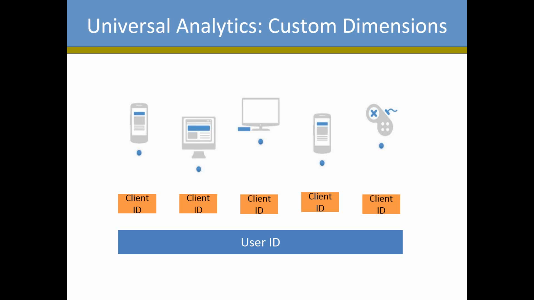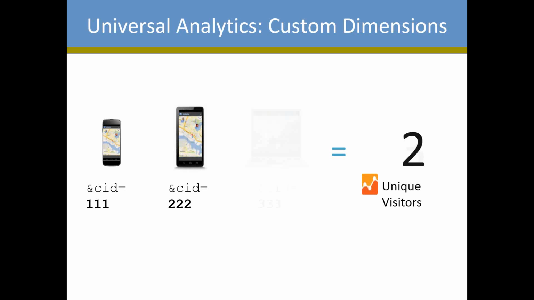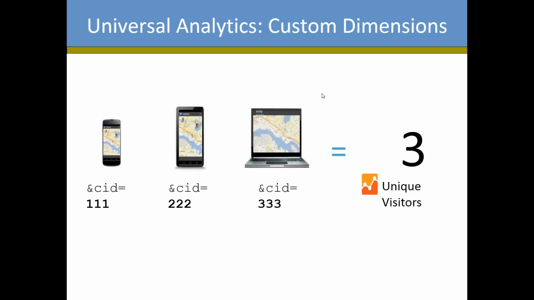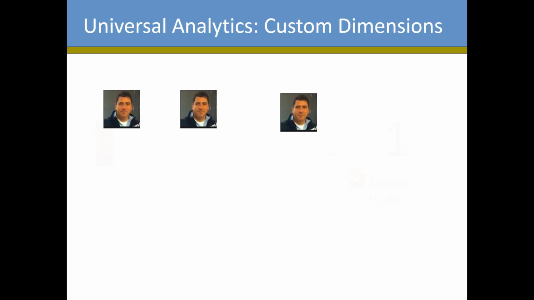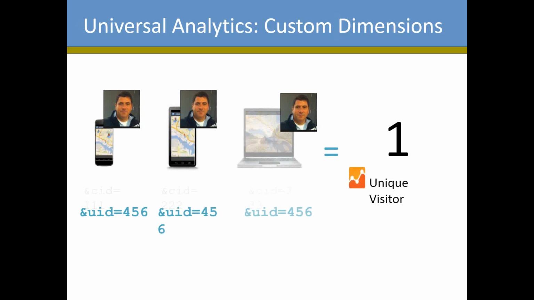So if you have a mobile website and then you have, let's say, a gaming console or an app, you can see that in the current model, every time I go from mobile to, let's say, my Mac here, I'm counted as 3 unique visitors. And under Google Analytics custom dimensions, as I go from place to place, you see this number here does not increase, and so I show up as one person across every device that I use.